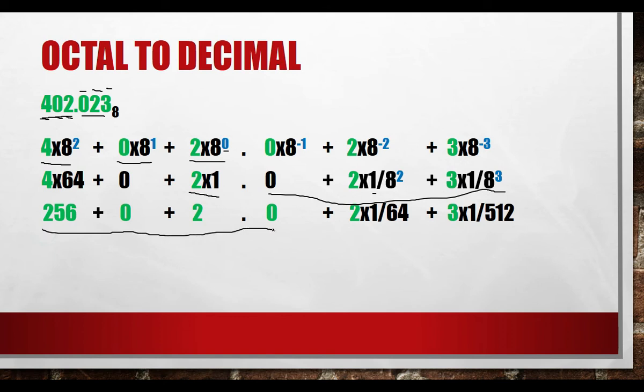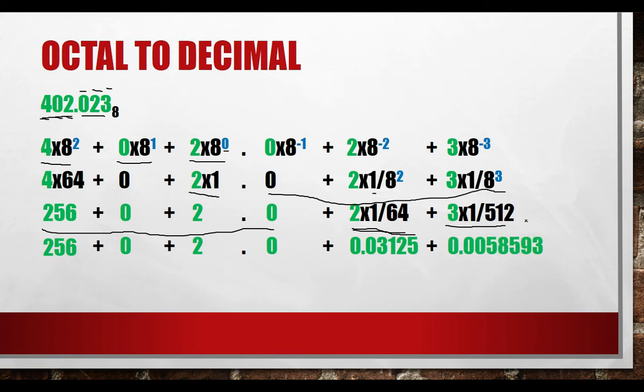Okay, so we are done with the whole number part. What we will do is just copy everything from there and then continue solving the remaining fractional part. 0, because we are already through with this, so we will just bring this down, and then plus 0.03125, because 2 times 1 gives us 2, and 2 divided by 64 gives us 0.03125. The same thing happens here also. 3 times 1 is 3, and 3 divided by 512 gives us 0.0058593.